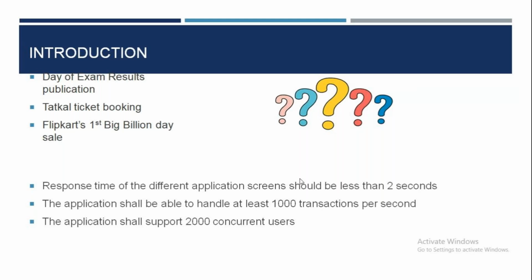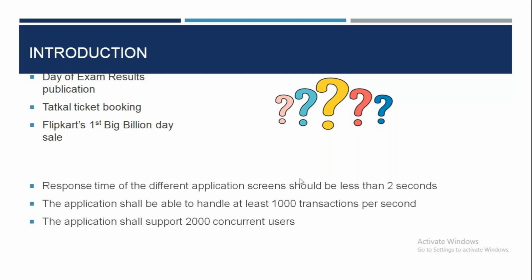Nowadays, people do not have any patience, right? With smartphones in everyone's hands, with internet accessible to everyone, people want their application to respond very fast. If they do not like a particular application, they will switch to the competitor.